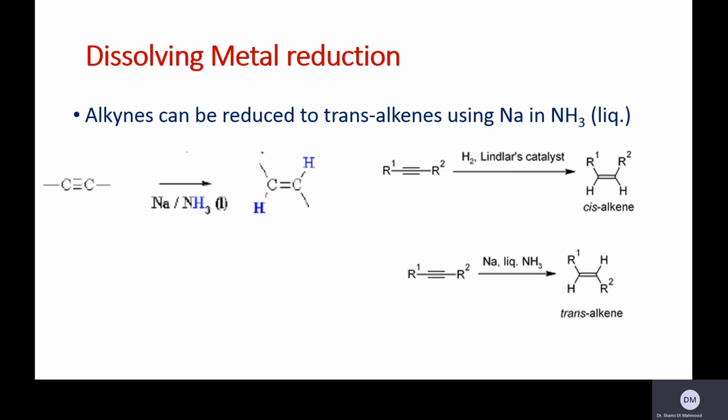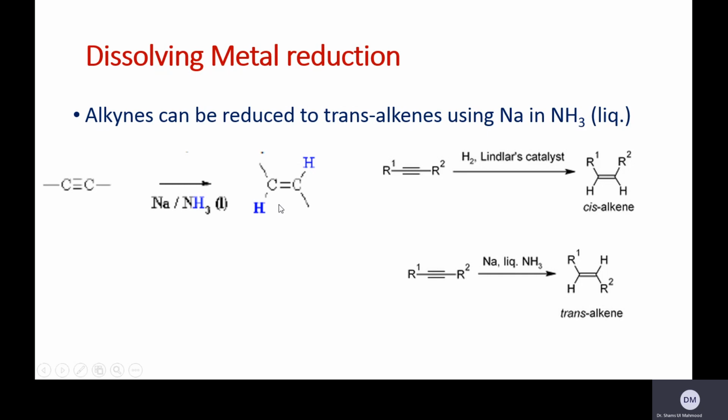But in some cases, we can stop this addition of hydrogen at the alkene stage. If we stop the reaction of alkyne at the alkene stage, that is called partial reduction or partial hydrogenation. And it can take place by using some catalyst after poisoning, meaning stopping the reaction at the alkene stage.